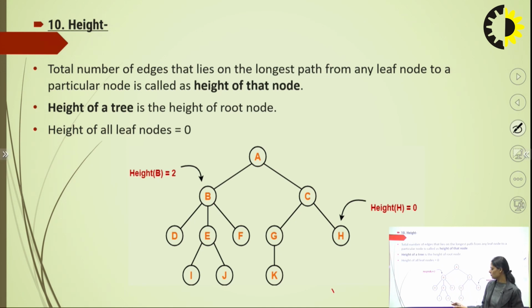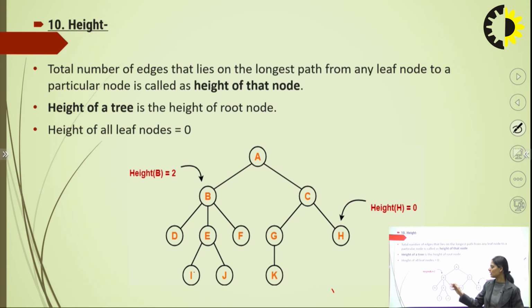So, the leaf node over here is I. So, the length of the path is I to E 1, E to B 2, again 1. So, 1 plus 1, 2. So, over here from I to B it is the height 2. Similarly, from J to B it is height 2. Again, from K there is no height. So, in this case we say that the height of B is 2 because the longest path is of 2.